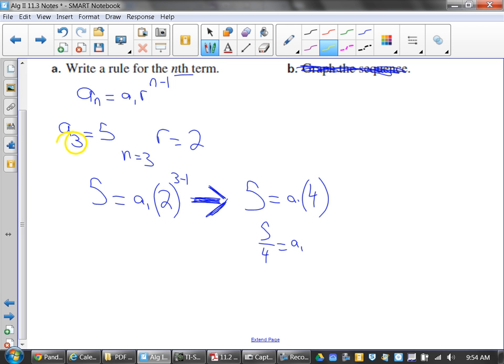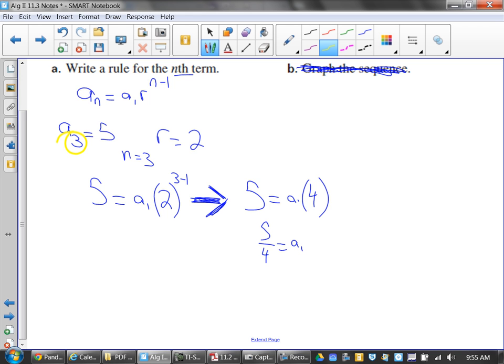Just like yesterday, you had to do some sort of a system sometimes to figure out that first term. In this case, it's a little bit different. Substitute what you know, just kind of work your way out of it. So that gives me my first term. Am I done? No, because it asks you to write the whole rule. Now you have your first term. Did you already know your rate?